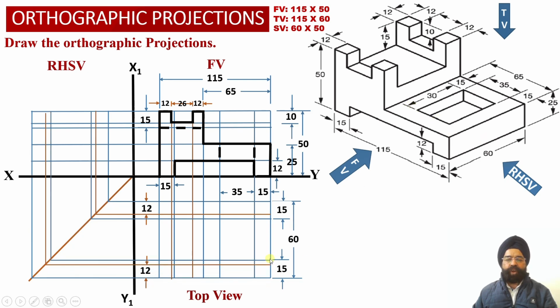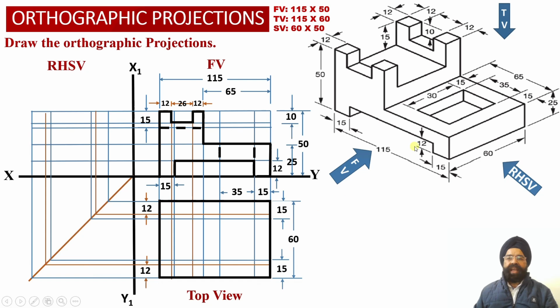So again we have drawn a horizontal projector line at a distance of 15 millimeter from the front face of the solid into the top view projections, and we have transferred this horizontal projector line into the right hand side view projections over here. So now we have been able to obtain this rectangular slot in the top view projections.